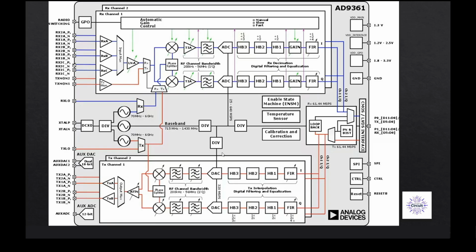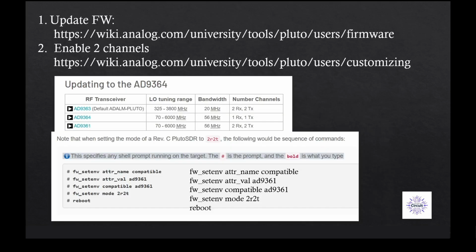Okay, so before moving on to the code, I just want to also show how we can enable the second transmitting and receiving channel in ADALM-Pluto. Basically, ADALM-Pluto by default is configured in such a way that only one channel is at the output, because as you can see on the package, it's only one TX and one RX channel.